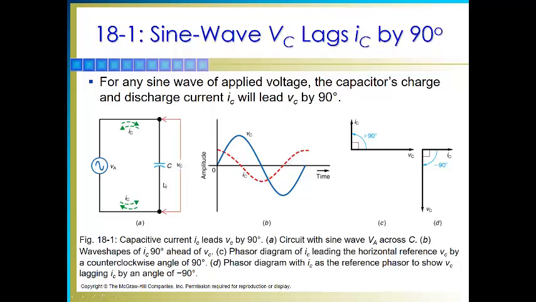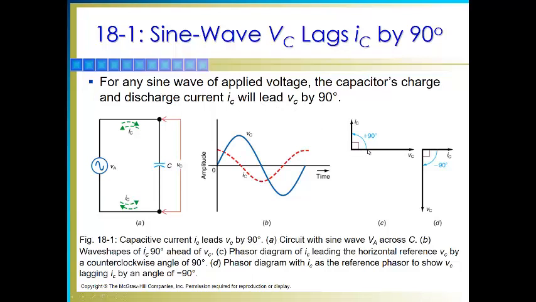So in circuits that contain capacitors, remember that the capacitive voltage always lags the current by 90 degrees. Or we can also say that the current leads the voltage by 90 degrees.